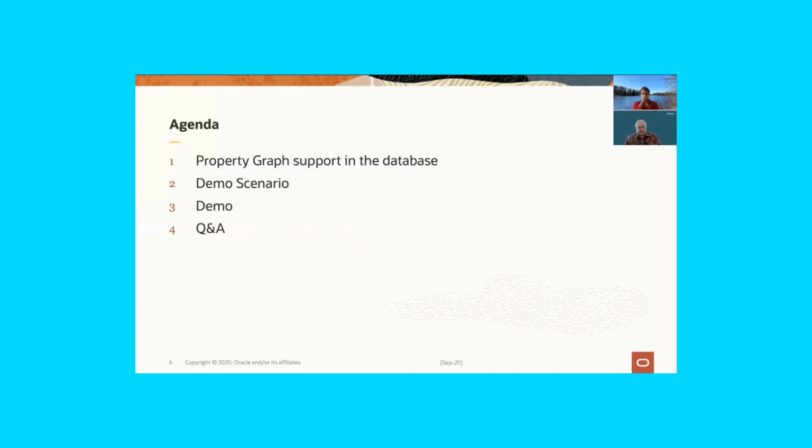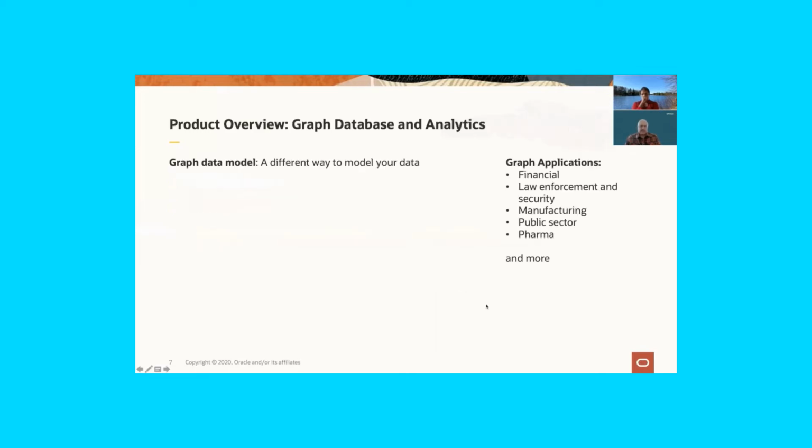And then I'll once again go through the demo steps, exactly what steps are being followed and what is using which technology, so what's using label security and what is using property graph. And then Q&A, as Melly said, you can ask in the chat, and we'll also have some dedicated time at the end. So first, let's start with what is the property graph support in the database.